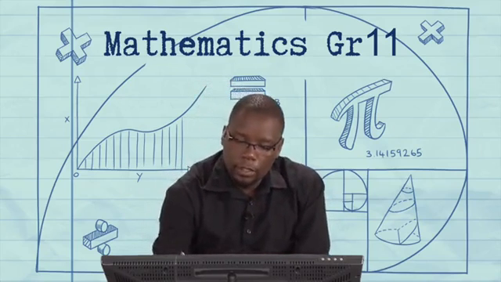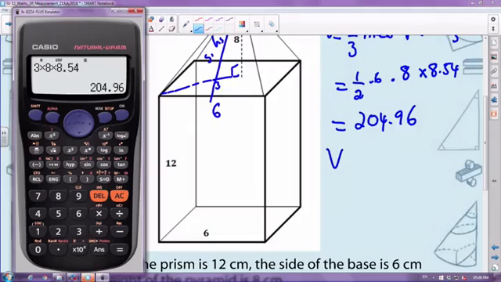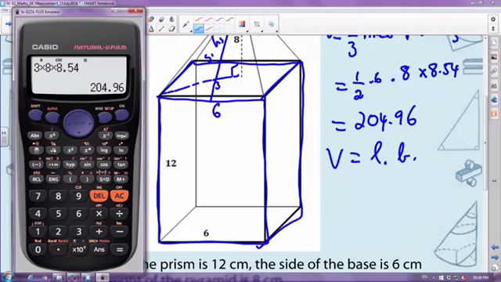But now, remember, guys, we're not only looking at the top part, we're talking of the whole solid, and the volume of the whole of that is given by length times breadth times height.